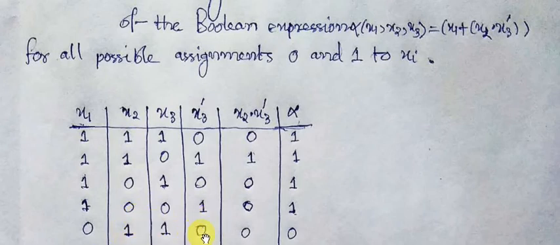So this is 1 into 0. From the multiplication table we know the value of 1 into 0 is 0. Here we have written 0, and the value of alpha, that is x1 plus x2 into x3 complement, will be here the value of x1 equal to 0 and x2 into x3 complement is equal to 0. So 0 plus 0 is equal to 0 from the composition table.